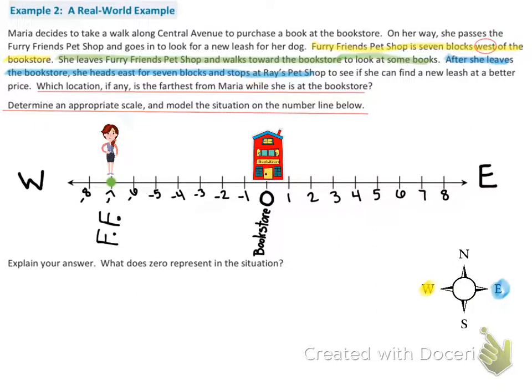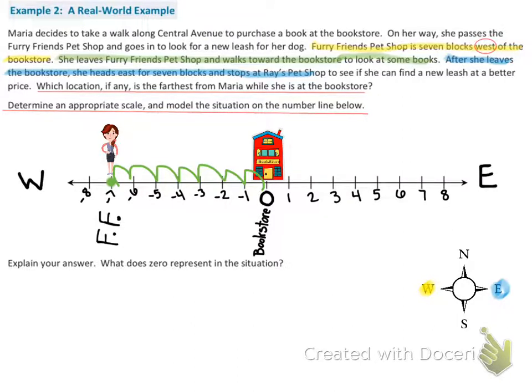Furry Friend's pet shop is 7 blocks west of the bookstore. So we can see that clearly here, that it is 7 spaces to the left, right? 7 blocks. And we can also count 1, 2, 3, 4, 5, 6, 7 to the west, to the left.